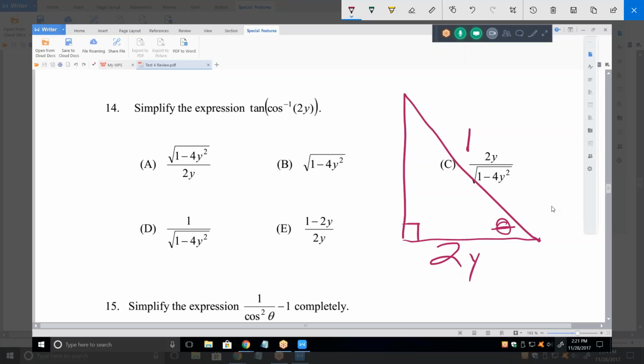This is where you have to be really good with the Pythagorean theorem. You don't want to have to solve it from start every time. You want to be able to solve any right triangle where they give you two of the sides. You want to be able to do that quickly. Well, so it'd be 1, two of the sides. So what is it? 1 minus 4y squared.